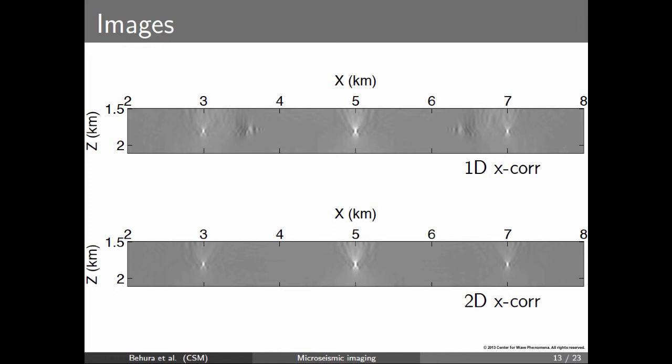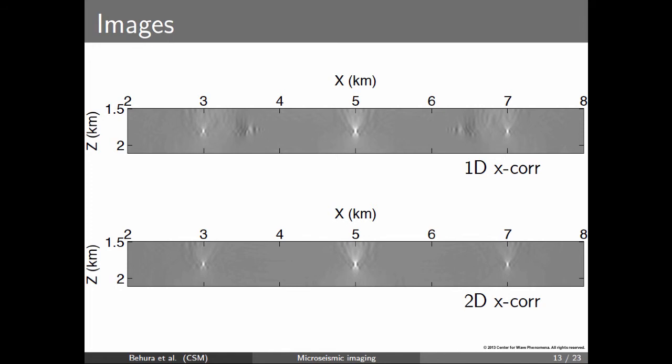The important point to note here is that the 1D cross-correlation imaging condition can introduce certain spurious events, as can be seen here, but the 2D cross-correlation imaging condition, because it exploits the coherence in time as well as space, reduces some of these artifacts. And you can observe the same thing for the deconvolution imaging conditions as well.